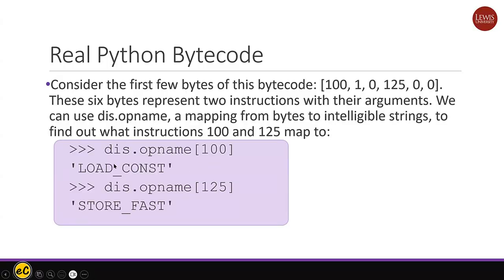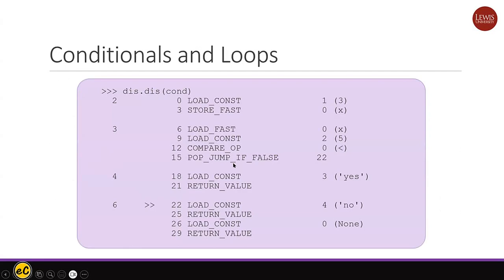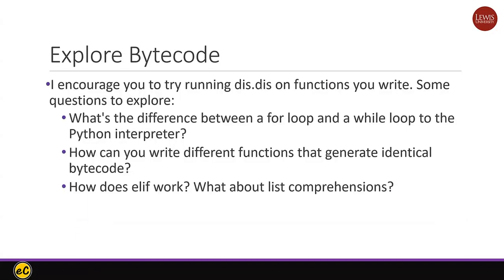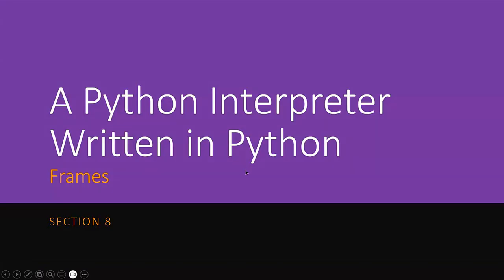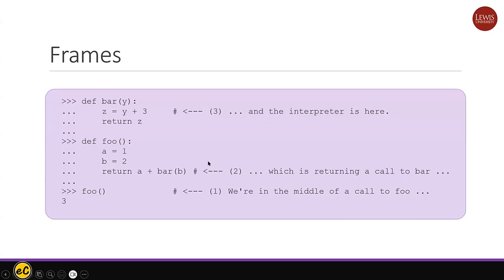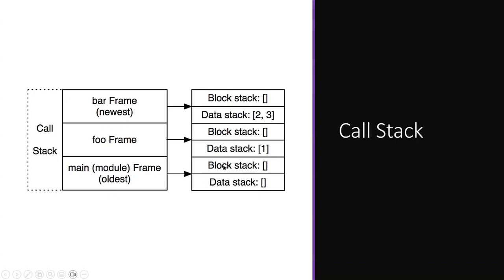You can look at the data structure and the code itself. This one can also be run on the real Python interpreter. The next one is version 4, a Python interpreter that comes with the call stack. We call it a frame. It talks about how frames are handled when you have multiple function calls, bar and foo, and how the call stack works.